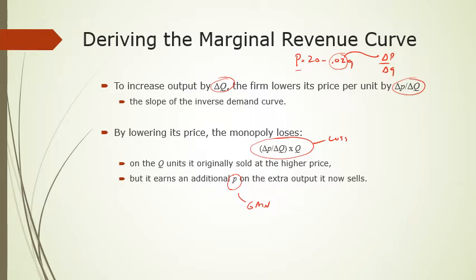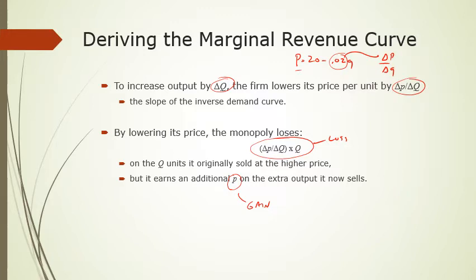Let's take a look at that demand curve that I've written. P is 20 minus 0.02 Q. Remember that coefficient on Q, negative 0.02, is the change in price divided by change in Q. What that says is, for every increase in quantity, what is the required reduction in price for that to occur? So if we want one more person to buy the product, we have to drop the price 2 cents.